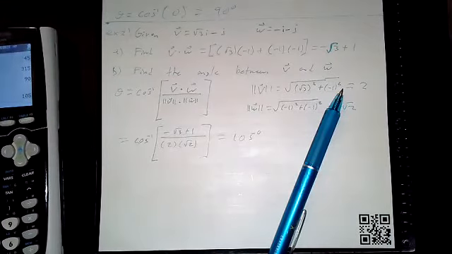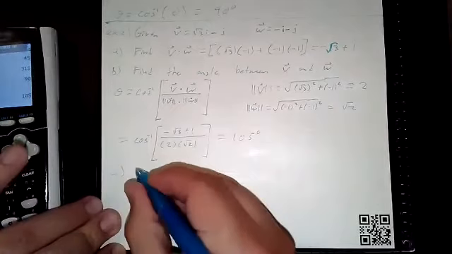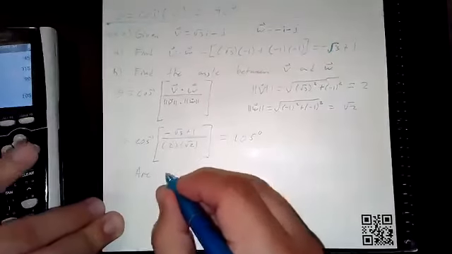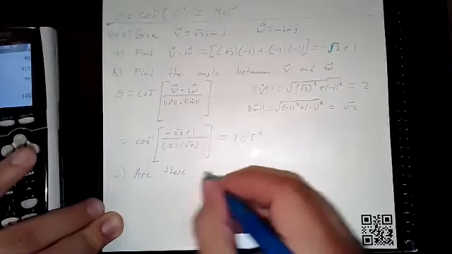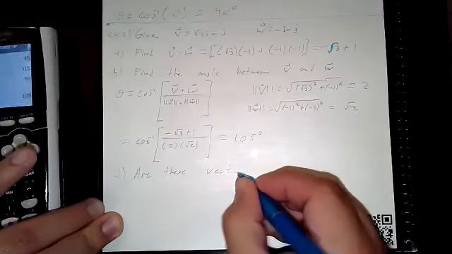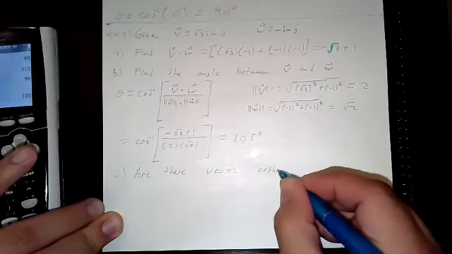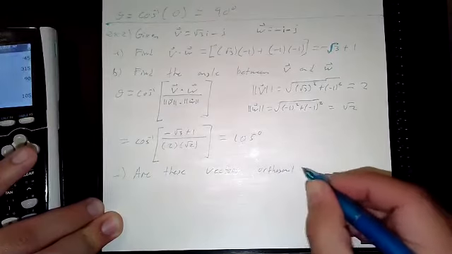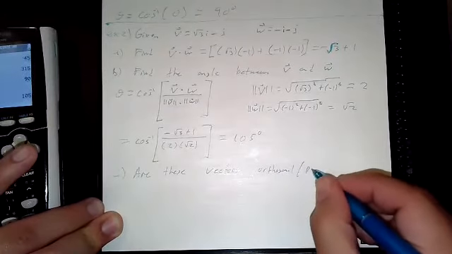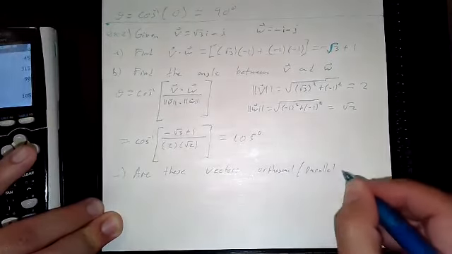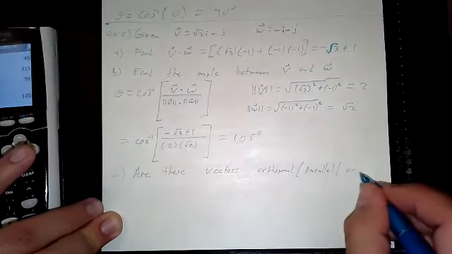They will also ask you if the two vectors are parallel, orthogonal, or neither. So part C, are these vectors orthogonal, parallel, or neither?